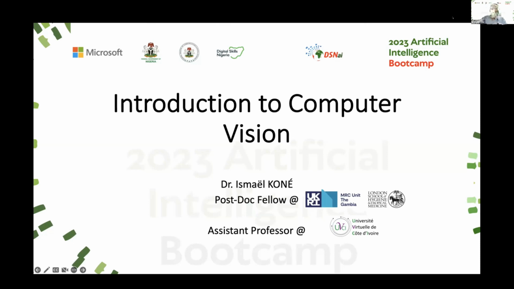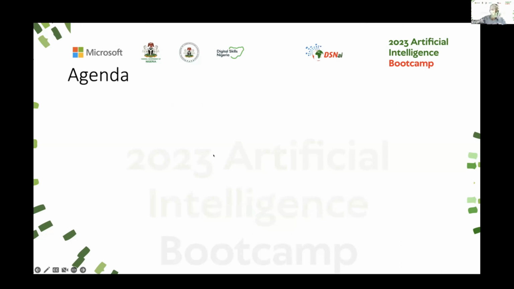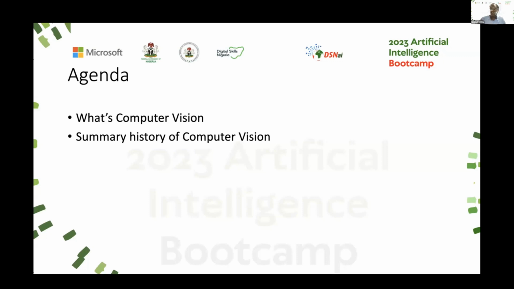Today, as mentioned, I'm going to do an introduction to computer vision. We will go through a small agenda. First, we take a step back and ask what computer vision is exactly. Then we look at the history of computer vision, because it's important to understand the steps we have gone through to get to what we have today, for a better perspective of the field.